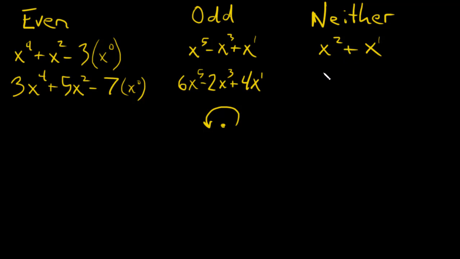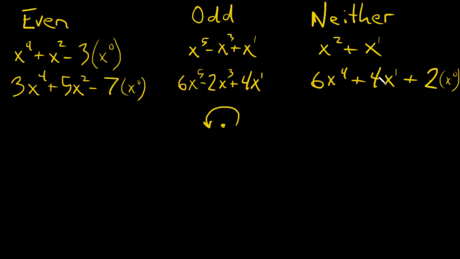Symmetry is broken. It doesn't matter if I have something like 6x to the 4th plus 4x plus 2. I have an x to the 4th, I have an x to the 0 here, and then I have an x to the 1st here.